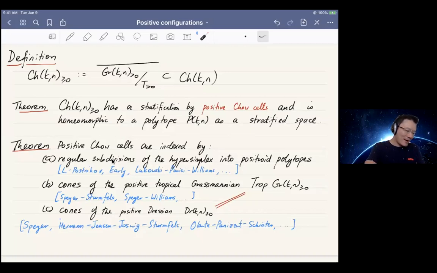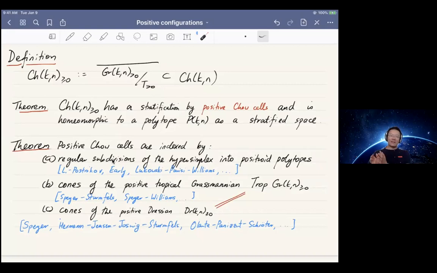The way we think about this is, if I take a generic torus orbit closure in the Grassmannian, then the moment map image of that toric variety is the hypersimplex. This has n choose k vertices, which is really big. When I take the boundary strata of this Chow quotient, it corresponds to a broken toric variety.